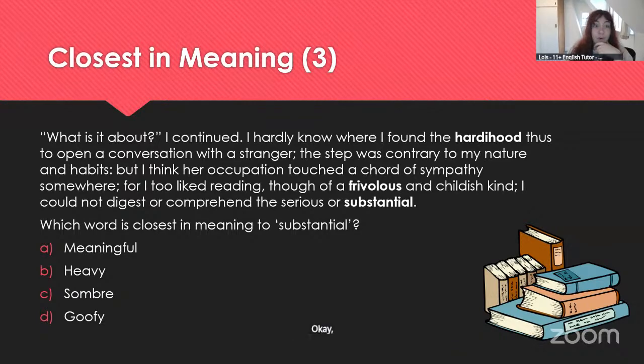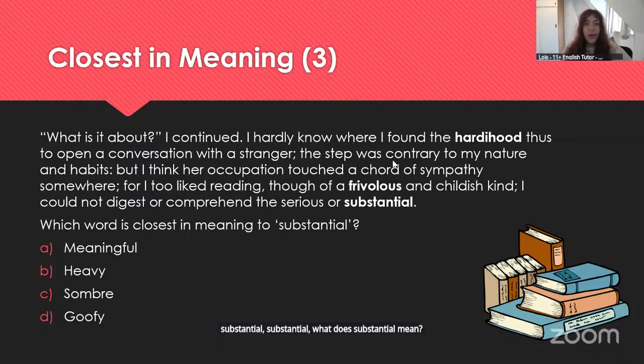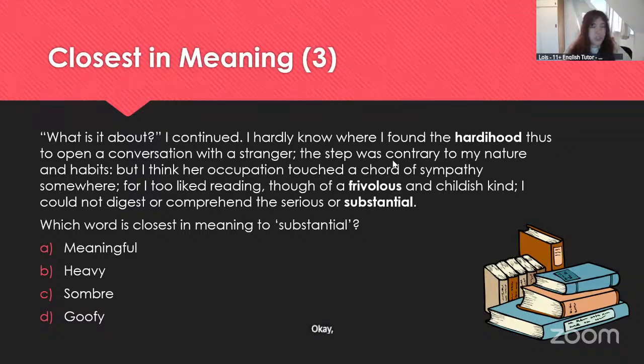Okay, I can see quite a lot of correct answers. Substantial, substantial. What does substantial mean? Okay, one more moment to answer before I reveal.